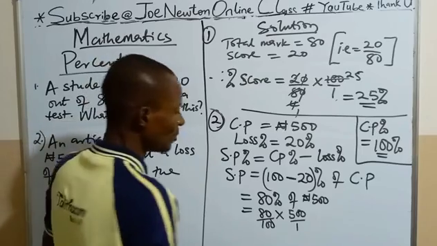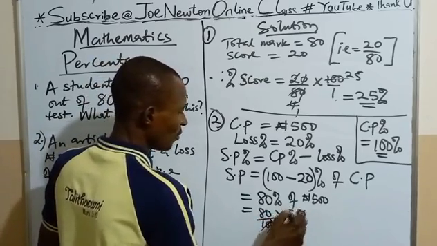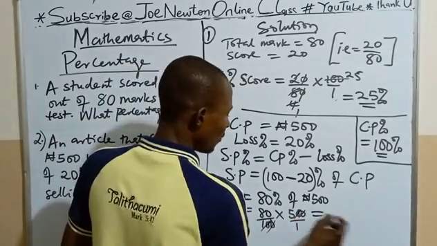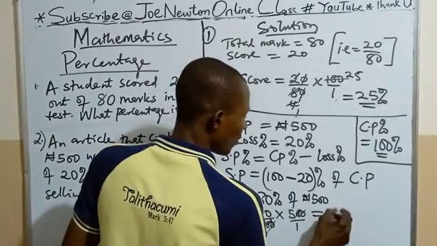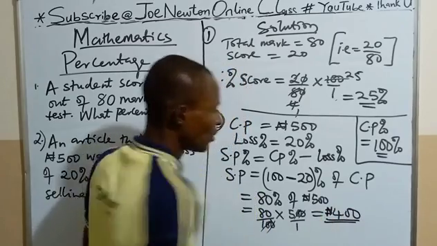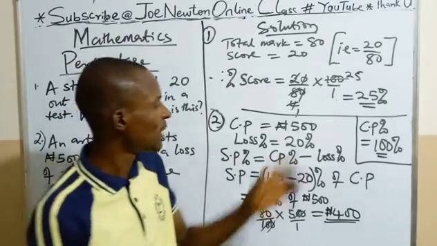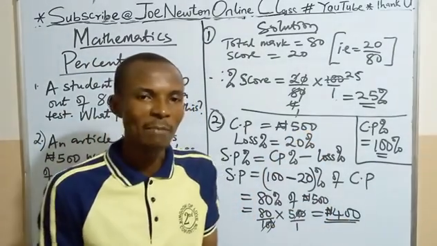Then we have 0 cancel 0, 0 cancel 0. We are left with 5 and 8. 5 times 8 is 40. Put 0. So we have 400 naira. So this is the selling price. The person bought it at 500 naira and sold it at 400 naira. You could see that the person made a loss.